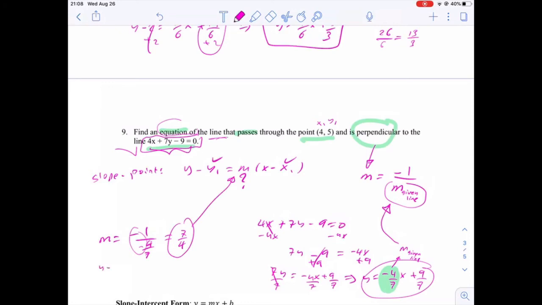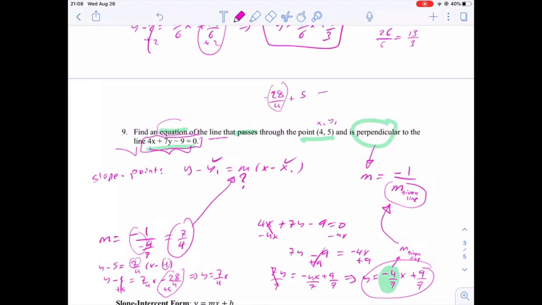So our equation becomes y minus y1 is 5, equals 7/4 times x minus x1. x1 is 4, and then y minus 5 equals 7/4 x minus 7 times 4 is 28 over 4, and then we add 5 to write the equation in the slope-intercept form. So y equals 7/4 x, now minus 28 over 4 plus 5.